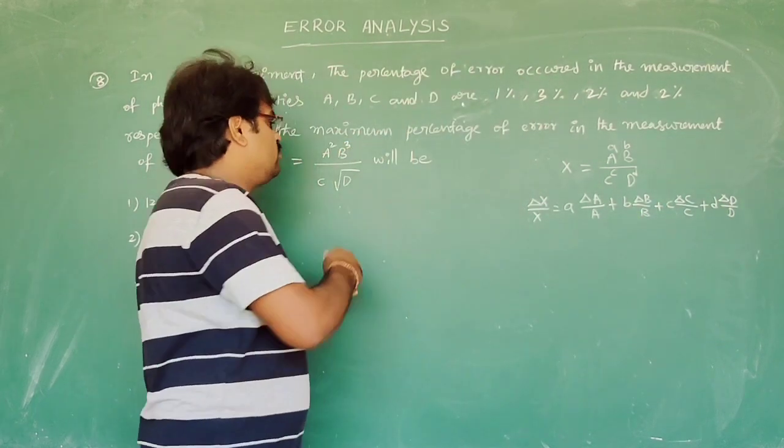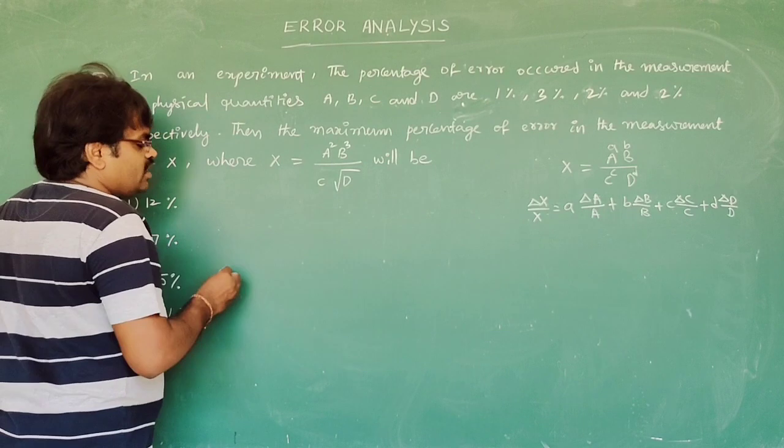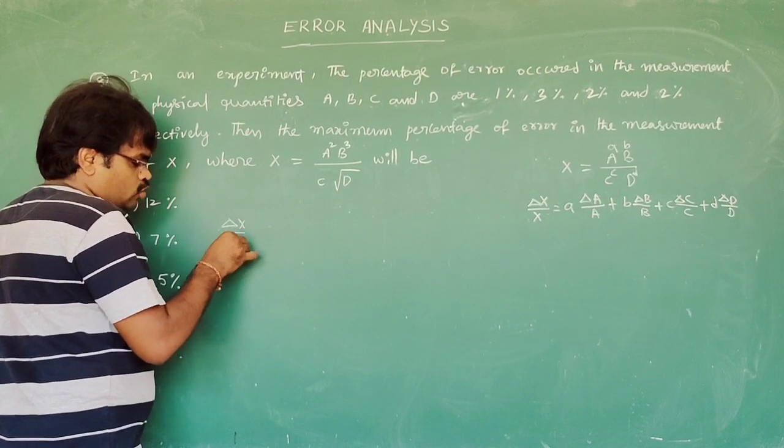Then in the same way we write the relation, that is delta x by x is equal to power.